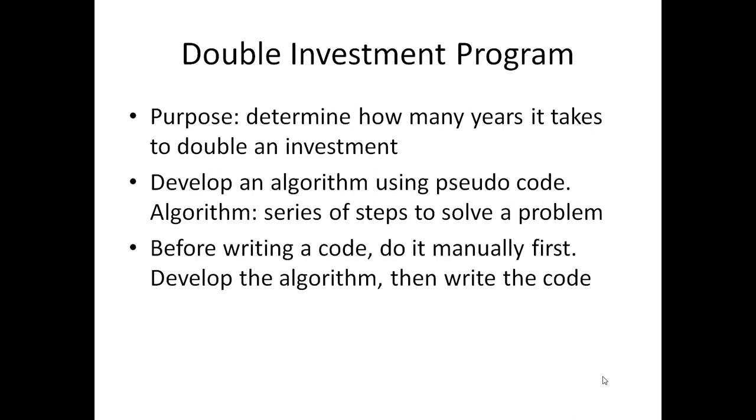Before writing a program, many times it helps to do it manually first, and a lot of times students don't like to do this. But it's worth the time because it will help you to write code more effectively, and you'll have more of an understanding of the program as you're writing it.